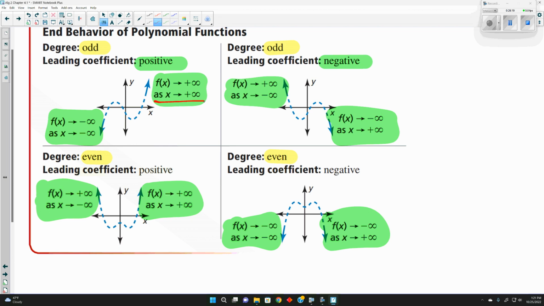It's either going to go up or it's going to go down. So it's saying as x approaches infinity, the y values go towards positive infinity. As x approaches negative infinity, f of x approaches negative infinity. That's all it's saying. Questions on this here?